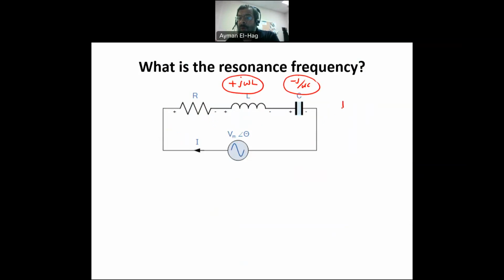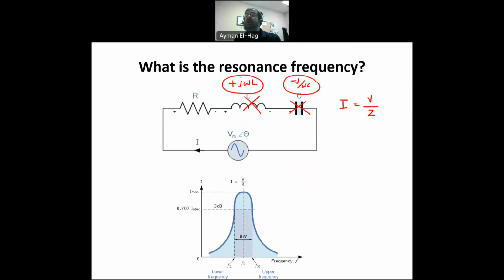As we know from Ohm's law, I is equal to V divided by the total impedance. So at a certain frequency, the impedance becomes minimum because these two will cancel each other, and hence you will have a jump of the current at that specific frequency, which we call the resonance frequency.